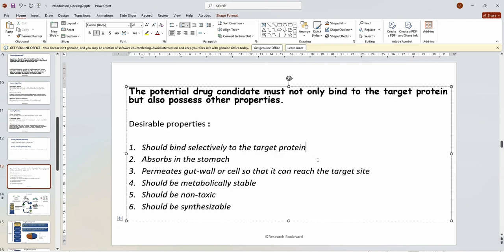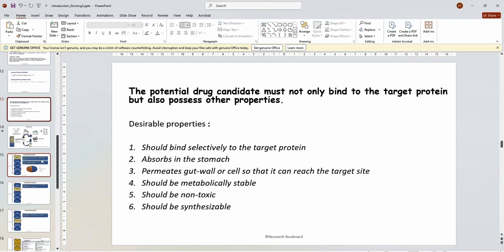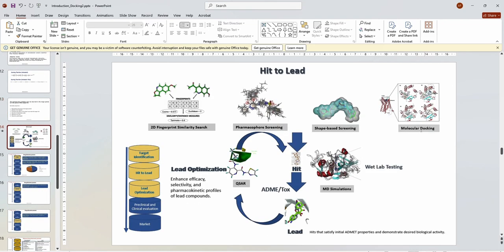When we say drug discovery, we are looking at some of the steps involved. The first step is target identification.